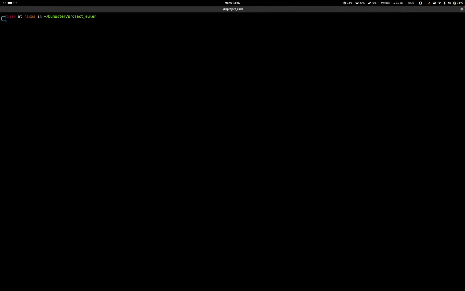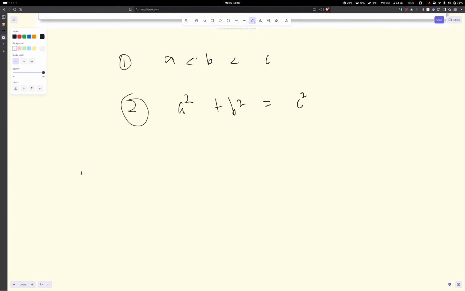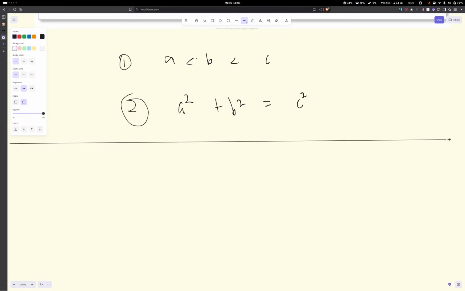Well, I don't want to count my eggs before they hatch, but here, nvim problem9.nim. One of these days I will figure out why my Neovim needs me to do manual highlighting, but for now, let's work with what we got. At first, I think I'll give you guys a horrible solution, and then I will work on a more elegant solution.